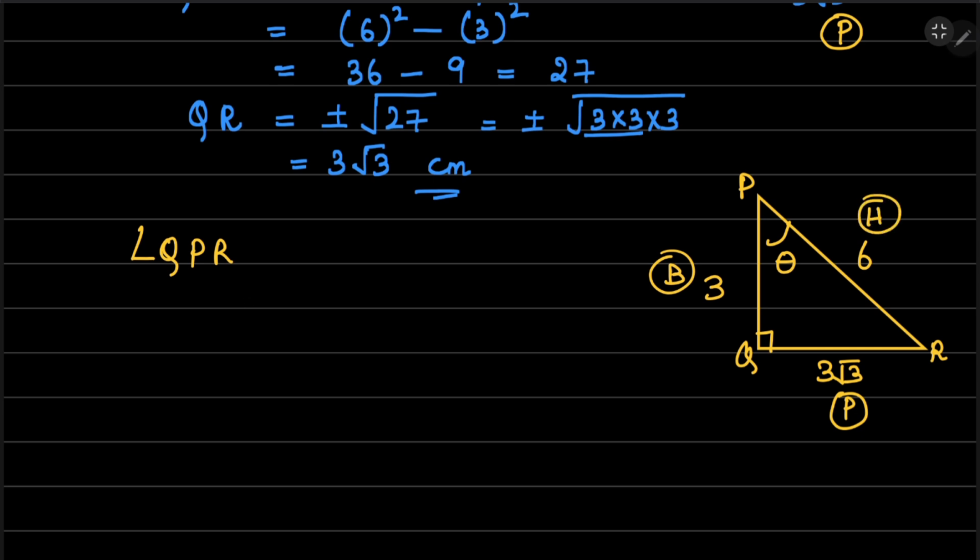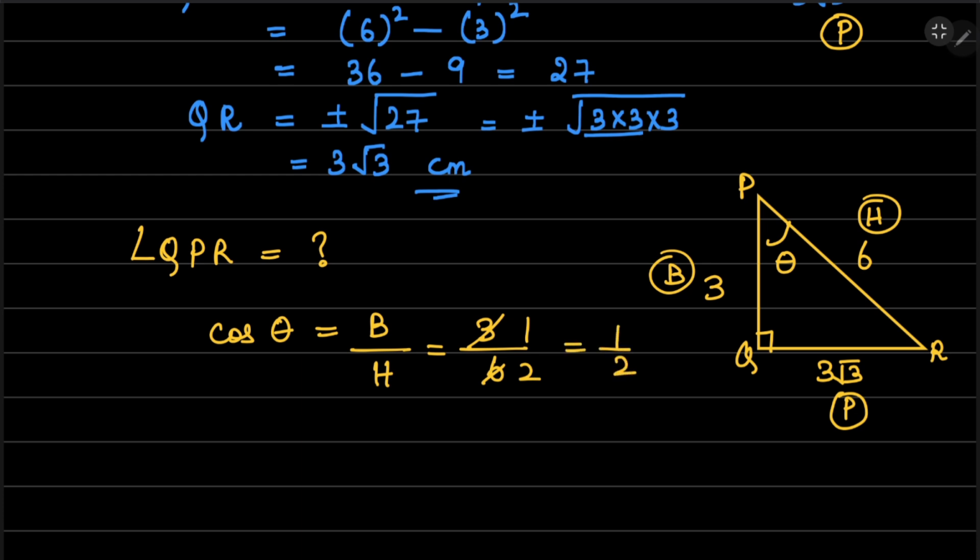Now tell me, for angle QPR, which ratio can you take? You can take cos. You can write cos theta is equal to B by H. What is your B? Base is nothing but 3. Hypotenuse is 6. So this will be 1 by 2.